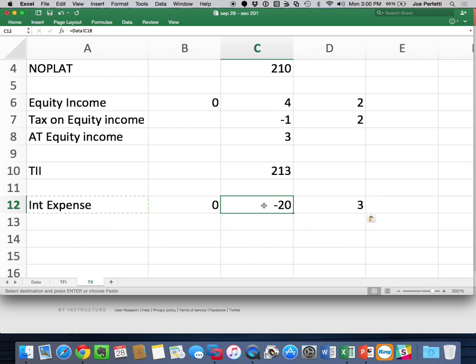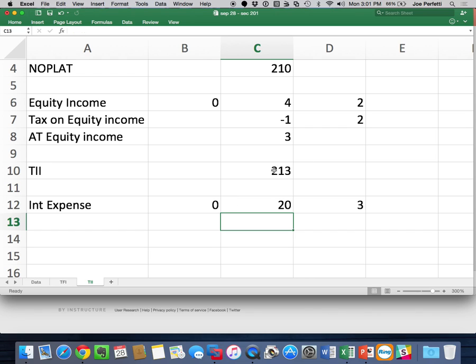Now, this is again something that will confuse you, but on this statement, interest expense will show up as a positive 20, not a negative 20. And this is where you have to throw out your accounting bias, because this is not based on accounting. This is based on economic cash flows. So here's the idea of the statement, because this also plays through to the CFI.